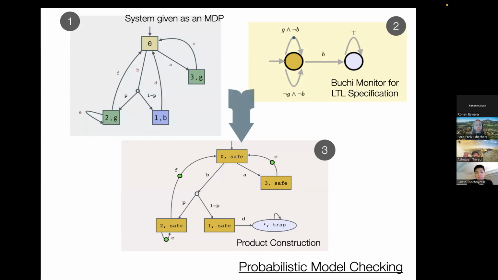So take my word for it that you have a product of these 2 automata. You start from the 0 state, which is safe. If you choose your action in such a way that you see the green action infinitely often, you are doing something good. So in this case, you can say A and C. If I would take that forever, I would see the green dotted arrow infinitely often.